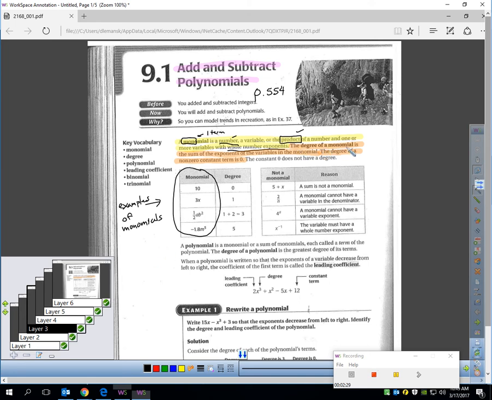Now, the degree of a monomial is the sum, let me underline that word, it's the addition of the exponents of the variables in the monomial. The degree of a non-zero constant term is 0. So let's review that. A constant is just a plain number on its own.